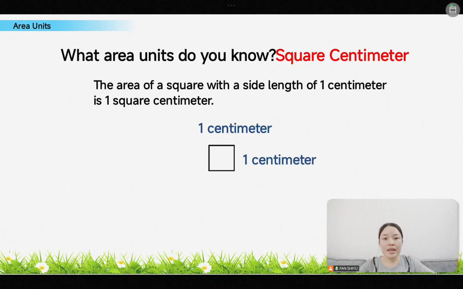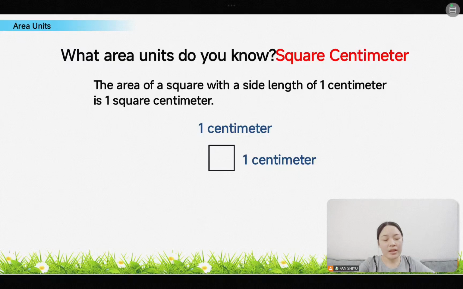This is a standard square of 1 square centimeter, a square with a side length of 1 centimeter. Please observe it with a ruler and share your findings.